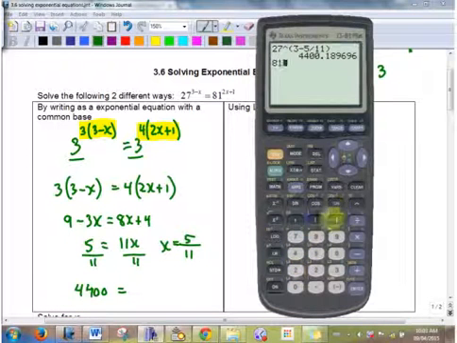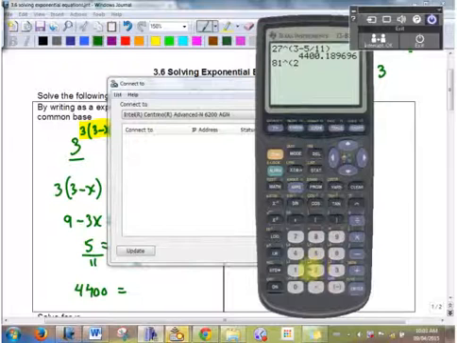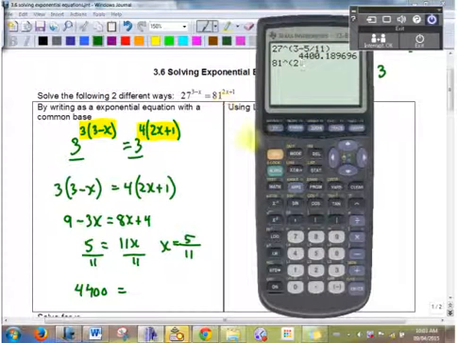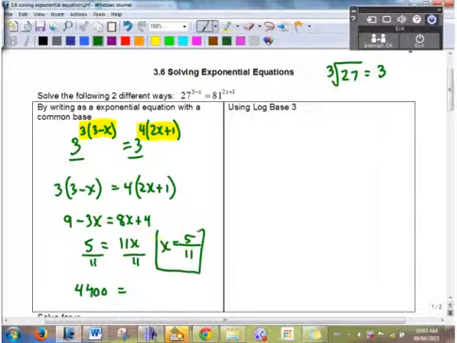What is 81 to the power of bracket 2 times x plus 1? Hey, when do you know it works? Okay? I'm happy that's the right answer. Okay, so that's one way to do it.